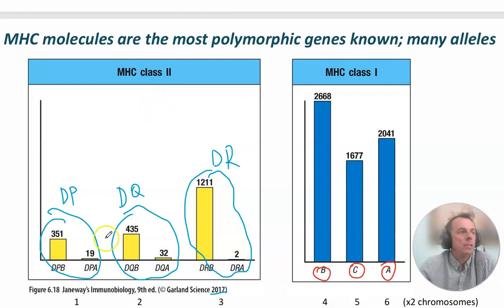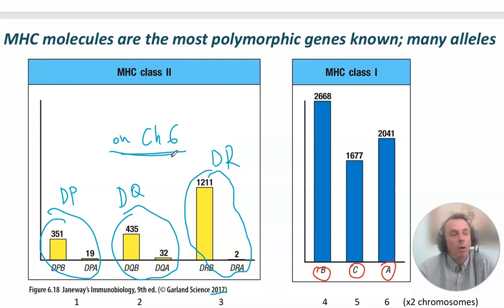This also means they are all located on chromosome 6 again. An individual inherits 1 chromosome 6 from the mother, 1 chromosome 6 from the father. With those 3 sets of genes, these genes will have different alleles.